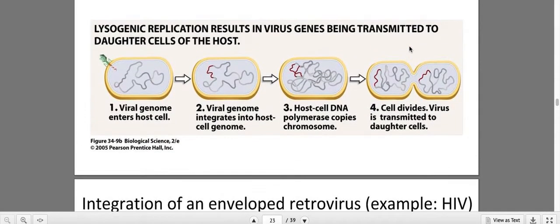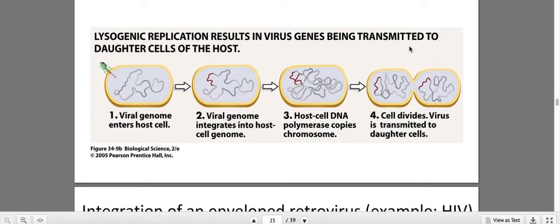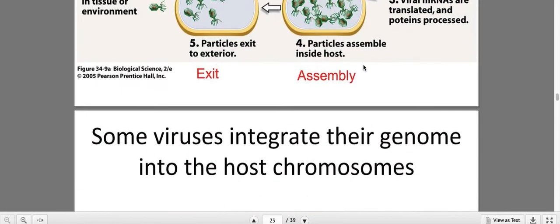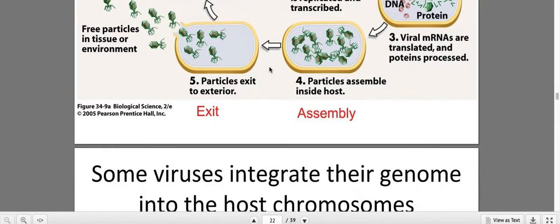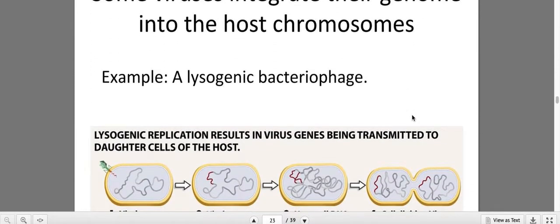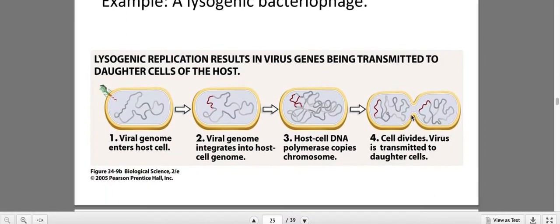But when things start to get shaky, like the environment is not so good around the cell, or the cell is getting old, it takes its DNA out of the cell, divides, assembles its parts, and leaves. When the environment is not so perfect for the virus anymore, it takes out its DNA the same way it put it in, and then it leaves.